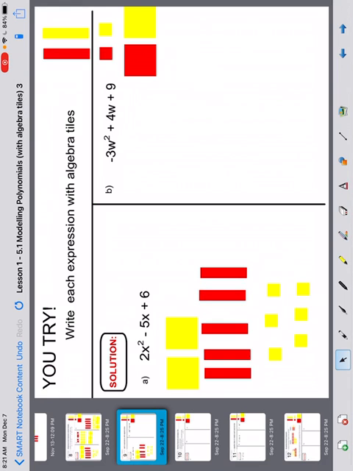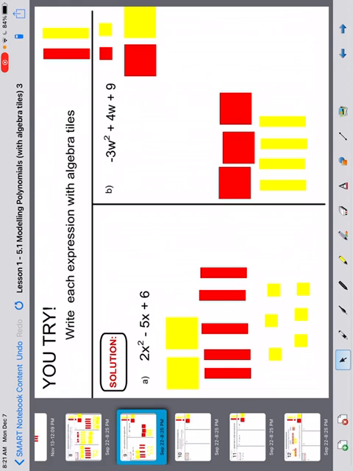Next example, −3w² + 4w + 9. −3w², the red, plus 4w, the yellow, and plus 9, that's our constant term, and it's positive.